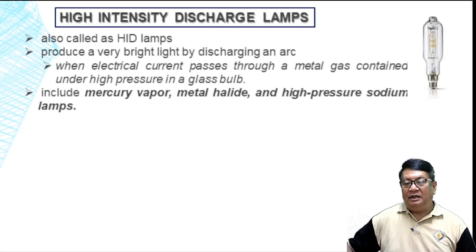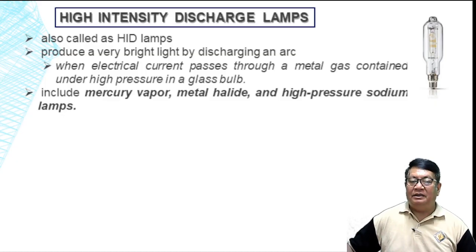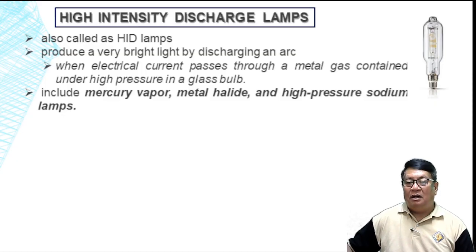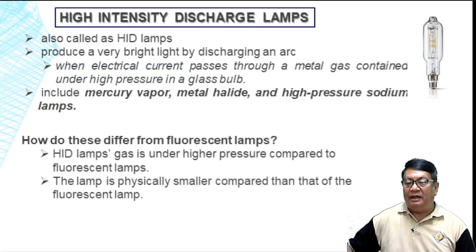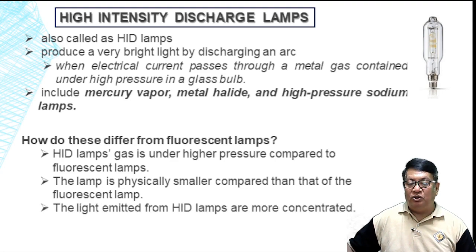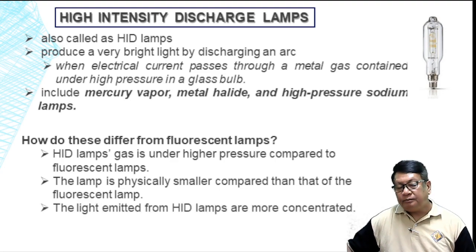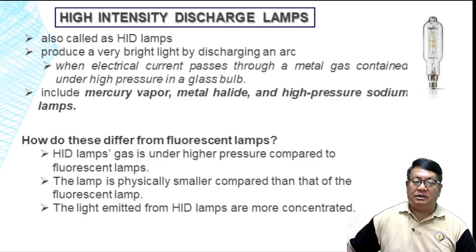Next, high intensity discharge lamps, or HID lamps or bulbs. This includes mercury vapor, metal halide, and high pressure sodium lamps. How do these differ from fluorescent lamps?